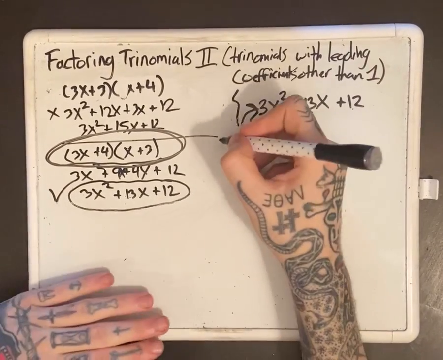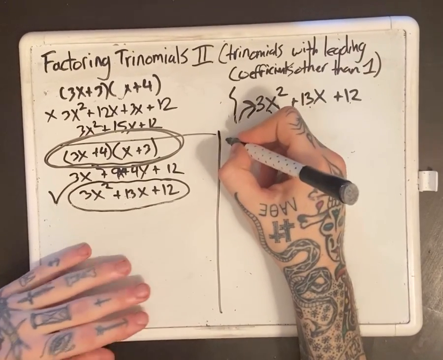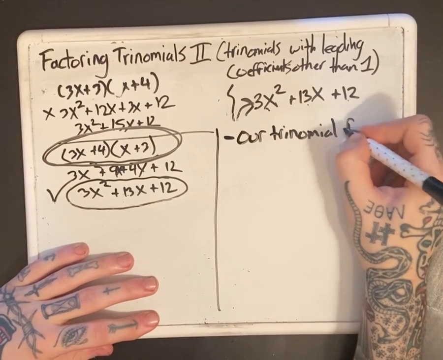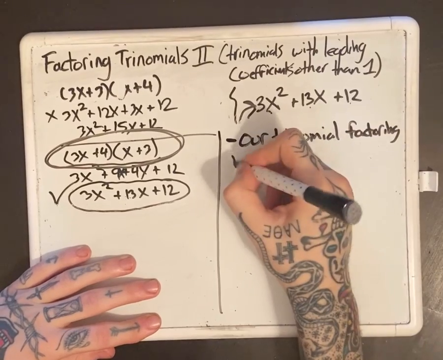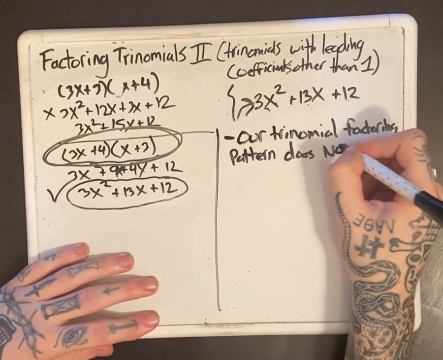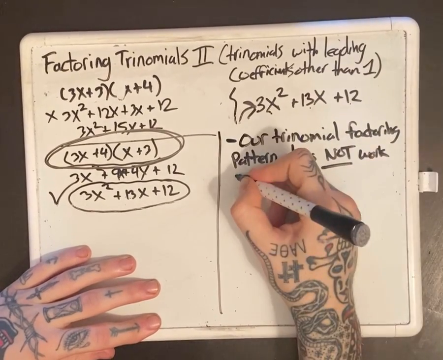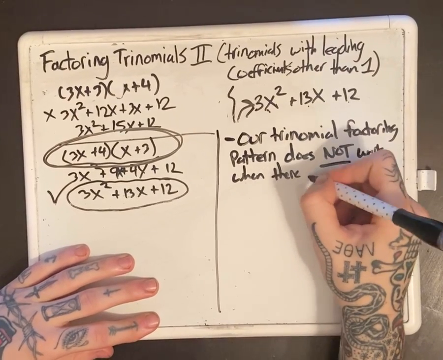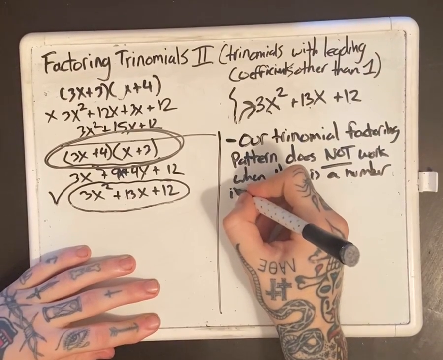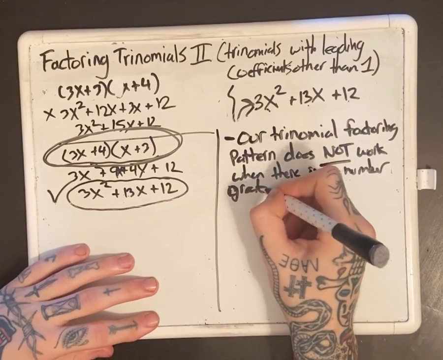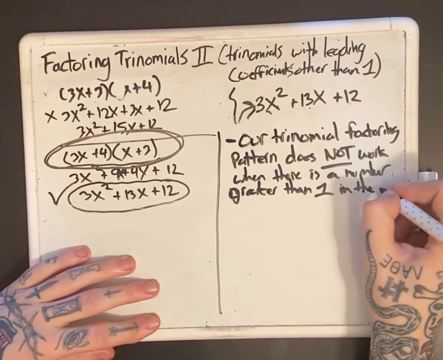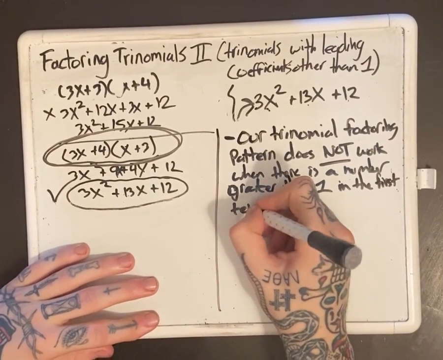So our trinomial factoring pattern does not work when there is a number greater than 1 in the first term.